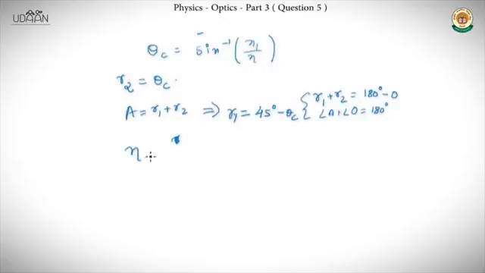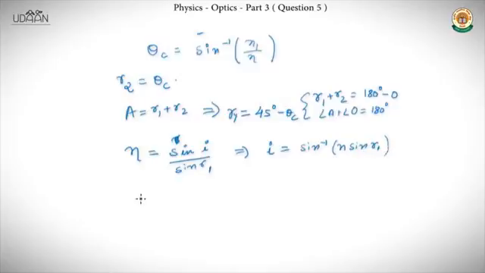Now from Snell's law we could say n equals sine i by sine r1. So this implies i is equal to sine inverse of n sine r1.